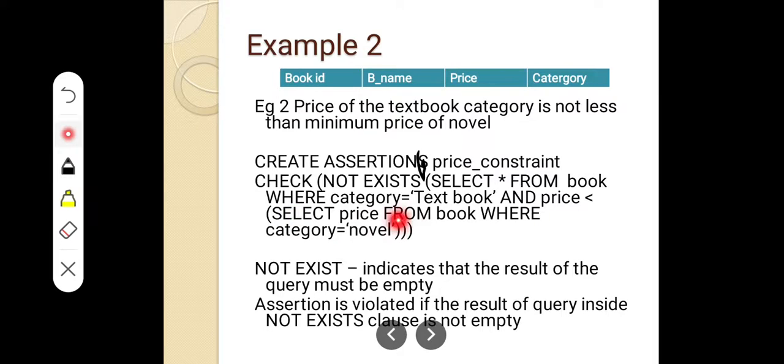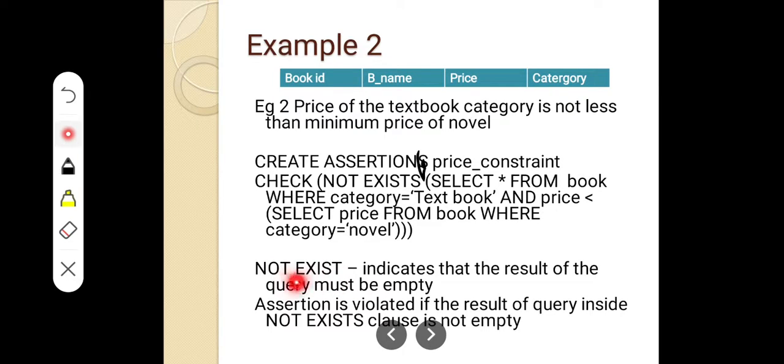In the inner query I will retrieve the price of the novel: select price from book where category equal to novel. ആ നോവലിൻ്റെ പ്രൈസ് ടെക്സ്റ്റ് പ്രൈസിനെക്കാട്ടിയും ഹയർ ആണോ എന്ന് ചെക്ക് ചെയ്യും. അതാണ് ഇവിടെ ചെക്ക് ചെയ്യുന്നത്. ഓക്കെ, അങ്ങനെയാണെങ്കിൽ the assertion is violated. This must not happen. Okay, clear?